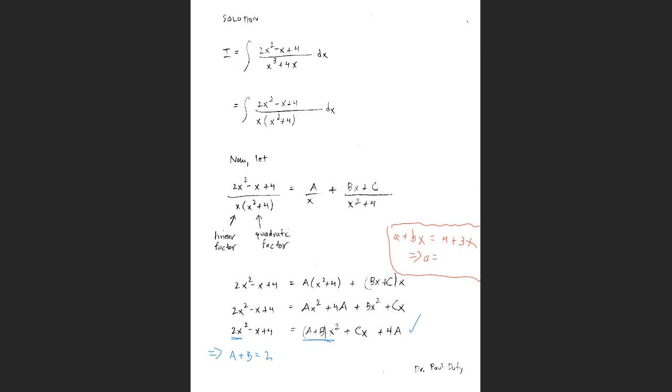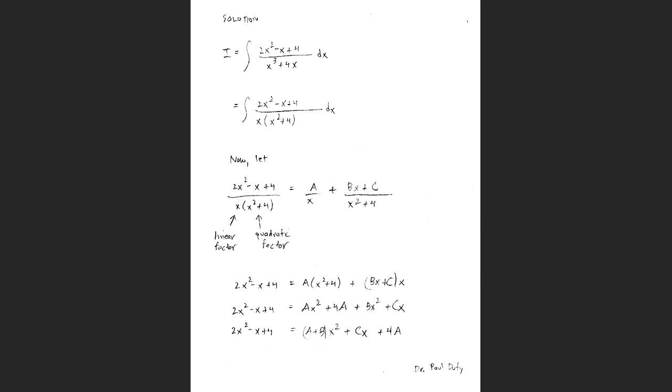What will little a have to equal? Have to equal 4. Okay, good. What would little b have to equal? Have to equal 3. So it's the same kind of thinking here.